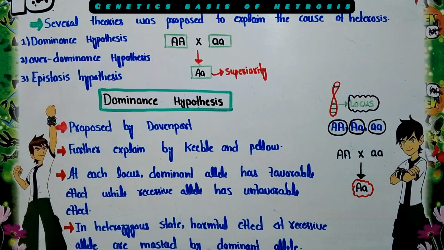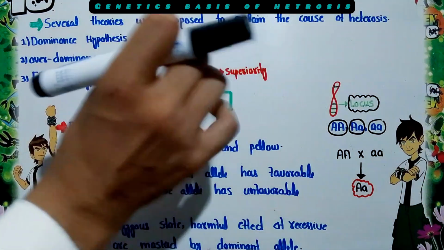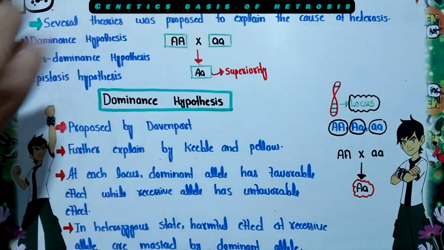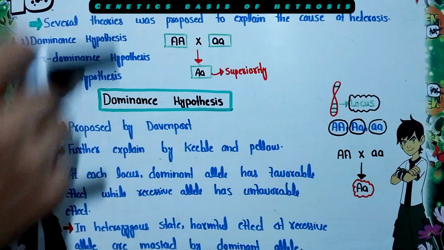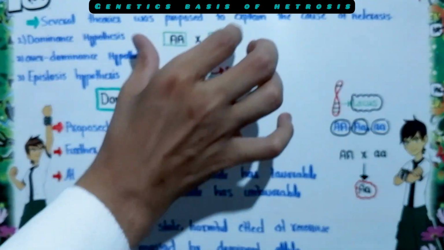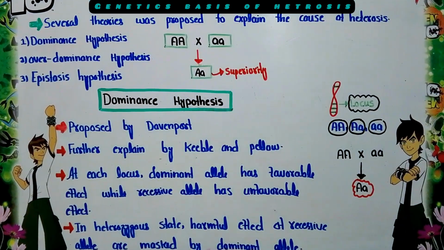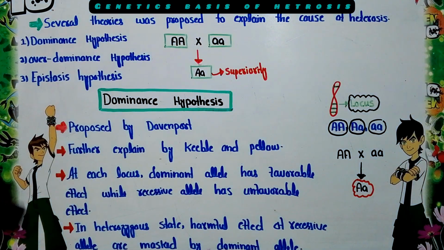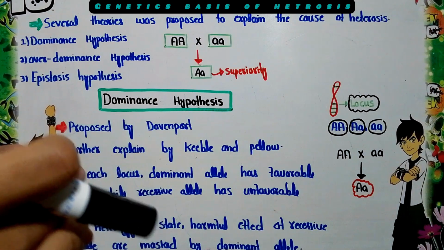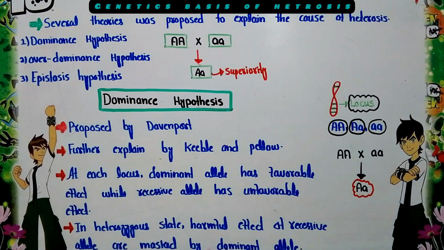Now this heterozygote, or hybrid, shows superiority over both its parents. This is called hybrid vigor, while the phenomenon is called heterosis, because it leads to hybrid vigor. The hybrid is superior to its parents in many characters or traits, such as yield, growth, and reproductive ability.